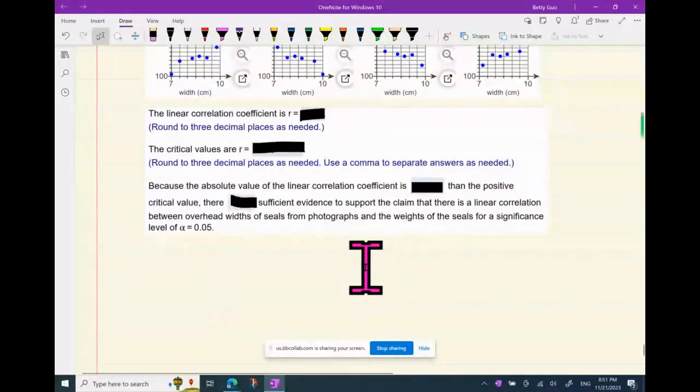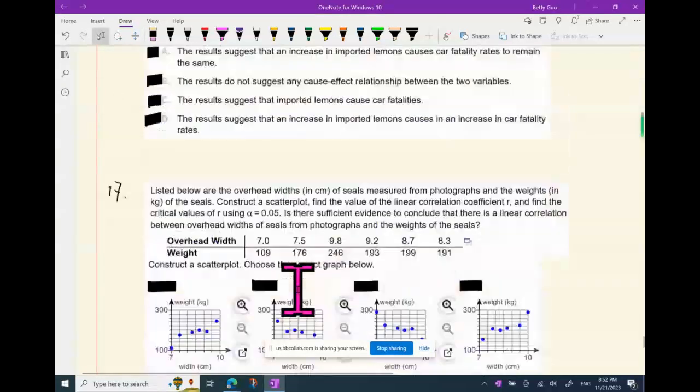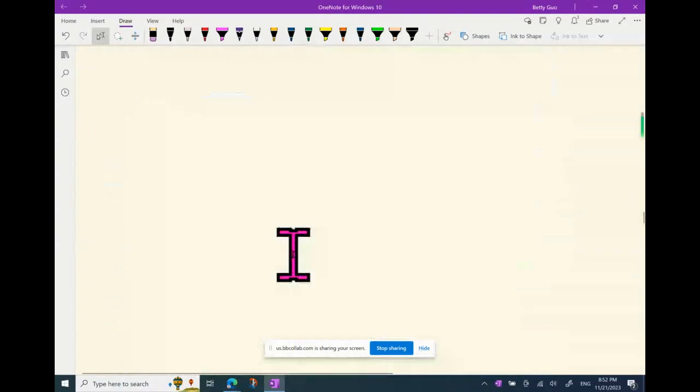The important thing is we know how to use the technology, the calculator, to construct the scatter plot, and then use the linear regression t-test function to find all the related statistics: t statistic, p-value, r. In section 10.2, we're going to continue using that function for the line of best fit. So that's about everything today.